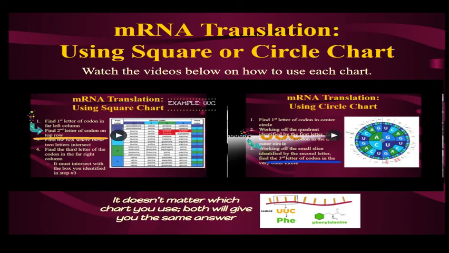And so this way, you're at least familiar with both charts. For us, it doesn't matter which chart you use. When I expect you to have to do this, both charts will be available to you.